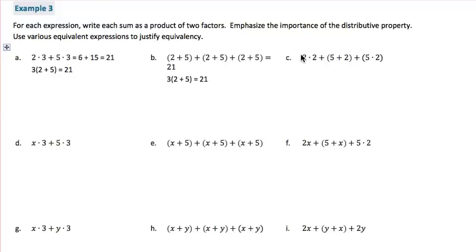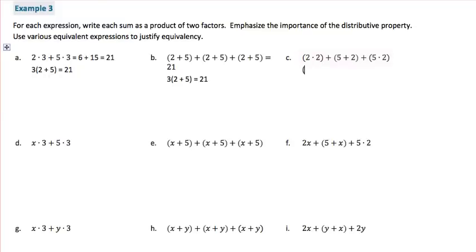We could group the 2 times 2, put grouping symbols around them, because that doesn't change anything when we put grouping symbols around a multiplication problem. And then, since each of these terms in the parentheses is being added, any order, any grouping, we can move this 5 times 2 through the commutative property next to the 2 times 2.